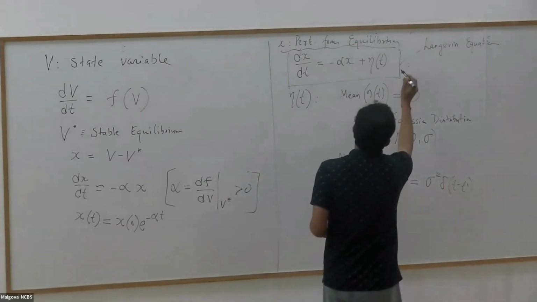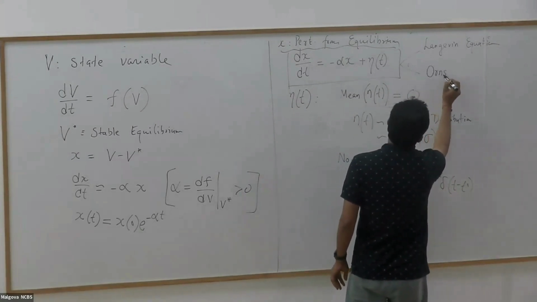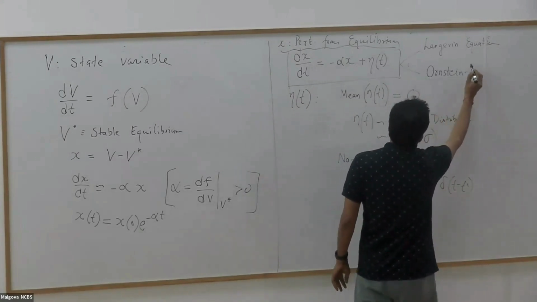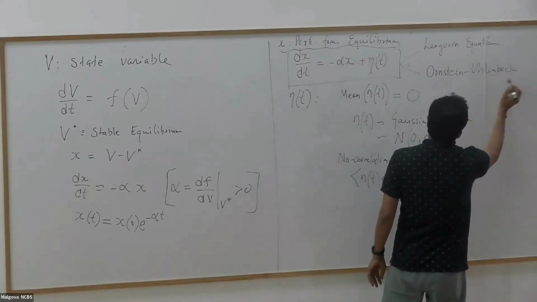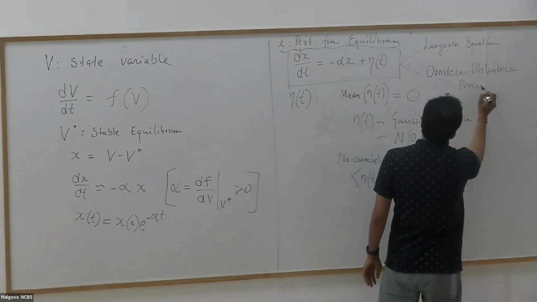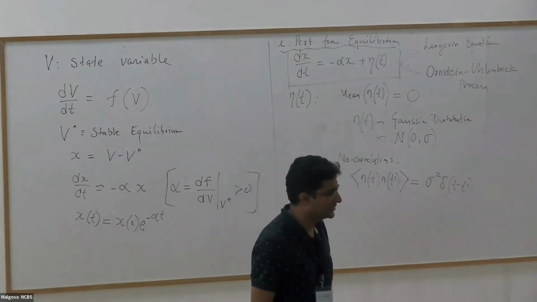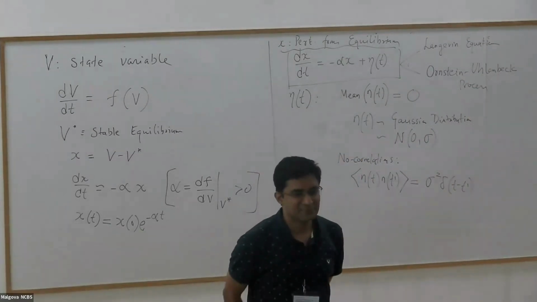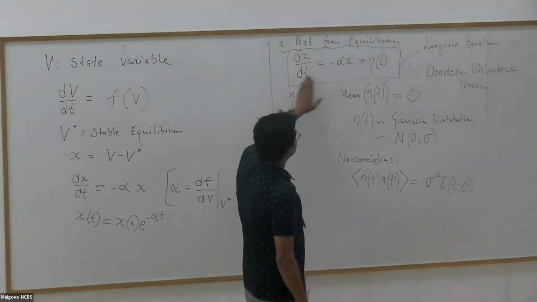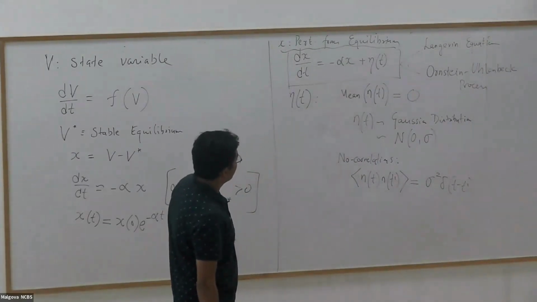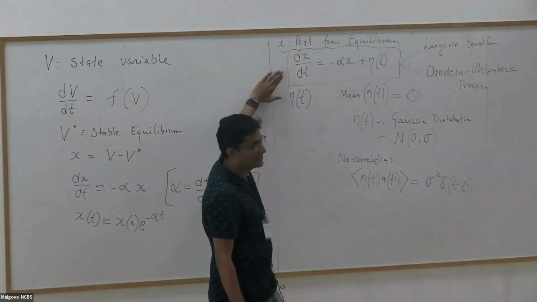It's also specifically called the Ornstein-Uhlenbeck process, named after two, I think, applied mathematicians, if I'm right, who derived various properties of this equation.